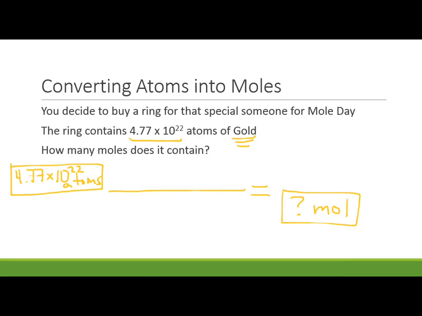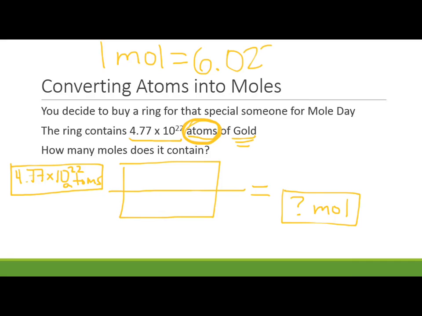All right, now what domino are we going to use here in the middle? Well, anytime you see the word atoms or molecules in a problem like this, you know that you have to use Avogadro's number, which remember says that 1 mole of anything is equal to 6.022 times 10 to the 23rd atoms or molecules or bicycles.